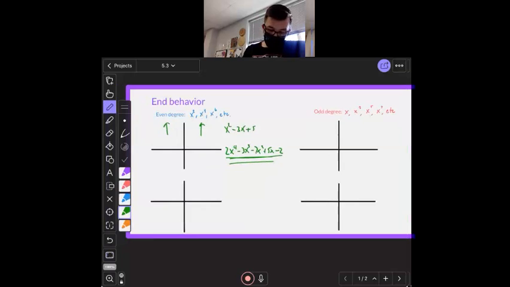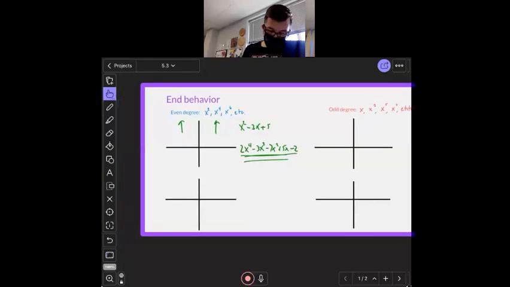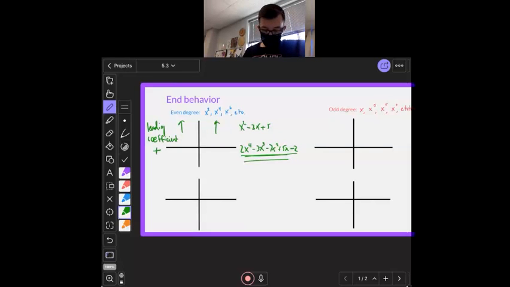And also a leading coefficient that is positive. So this number is positive, and this is even. The ends will point up. The middle will do all sorts of wiggly wobbly things if you want it to. That just depends on all the other stuff. But the ends will point up.